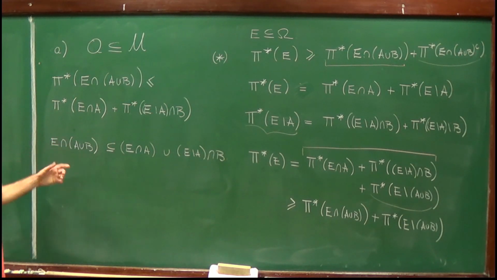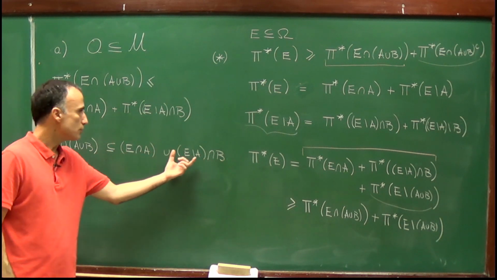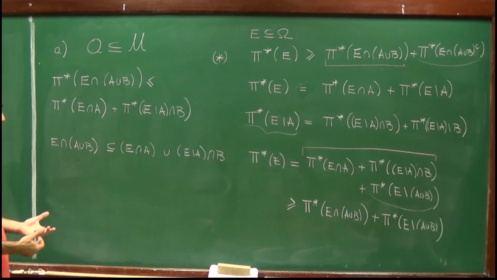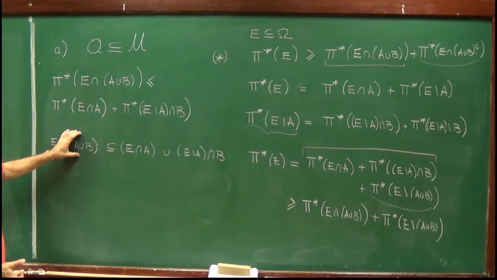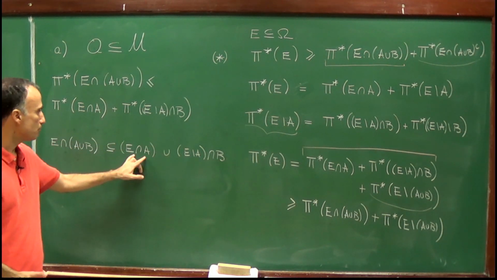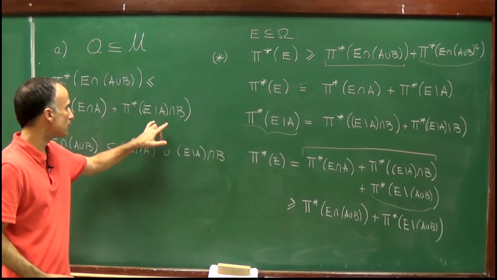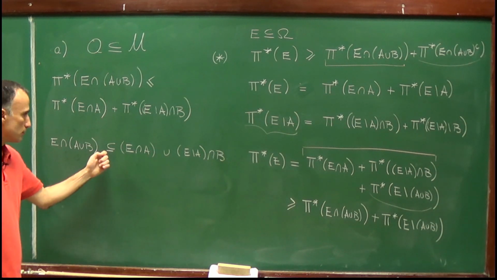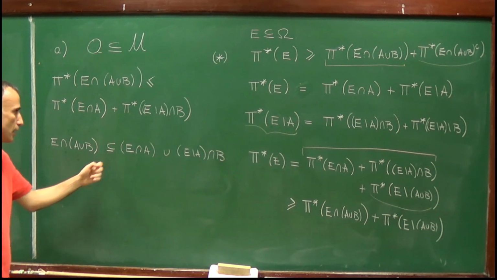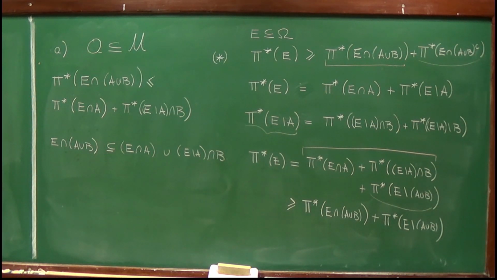If we prove that this set is contained in this union, we can use the subadditivity to obtain that P star of this set is less than or equal to P star of this set plus P star of this set, which is exactly what we have to prove. So it remains to show this relation.